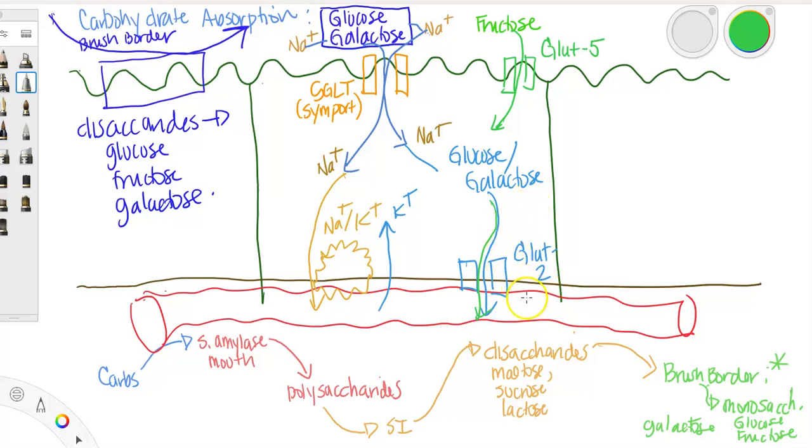So then glucose, fructose, and galactose end up in the blood. And where do they go? They go to the liver. Okay? So that's basically how the glucose gets into the cell, and then the cell absorbs it into the blood.